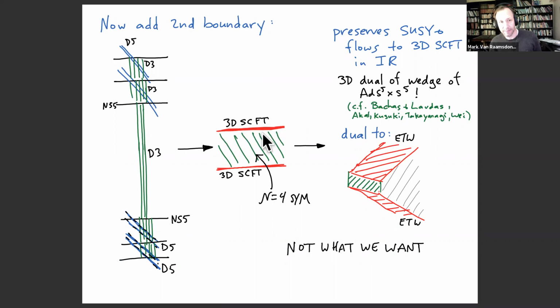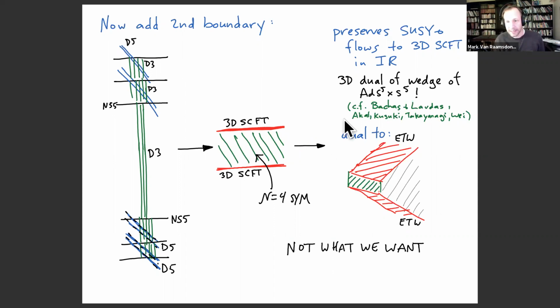By that I mean that I could imagine a similar configuration of branes at the top with the same orientations. And then that whole thing would preserve supersymmetry. But that example is one where the whole theory is actually going to flow down to a conformal field theory in the infrared. So the supersymmetry is preserved, and the 3D infrared theory is also a conformal field theory.